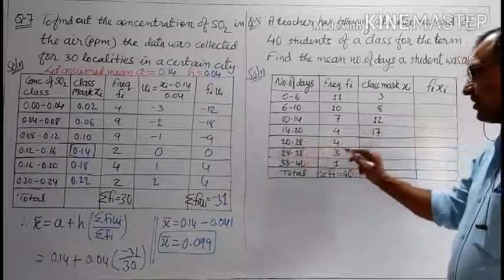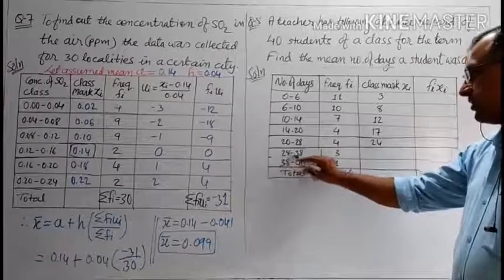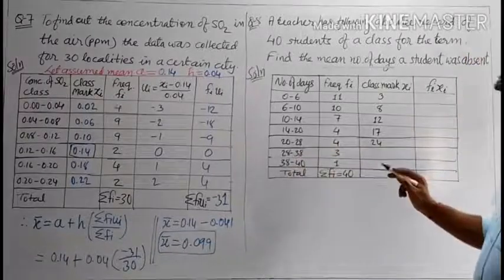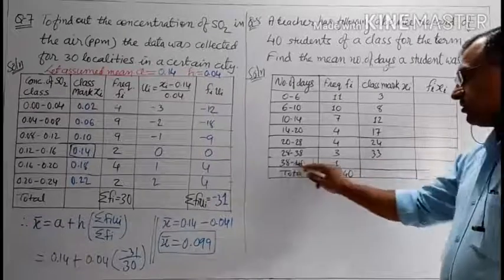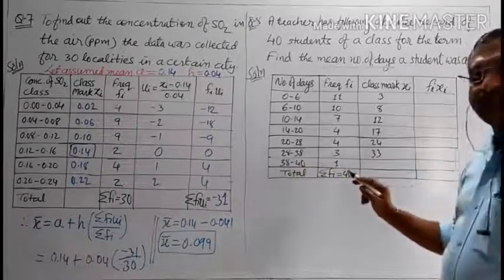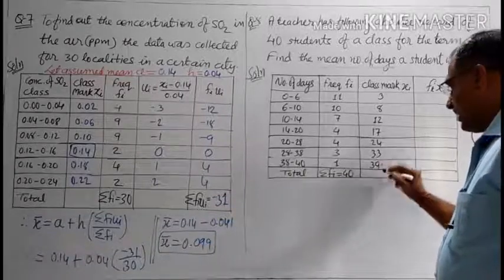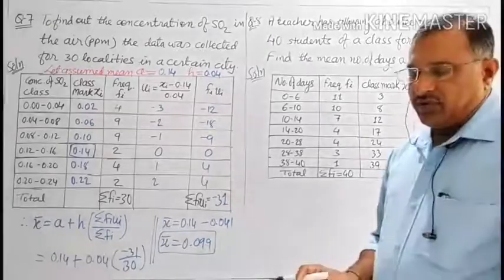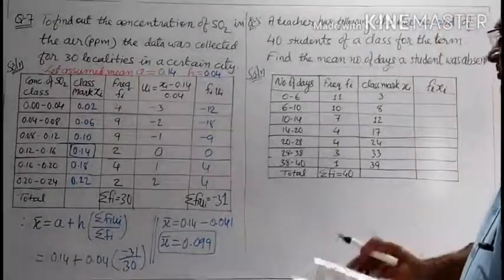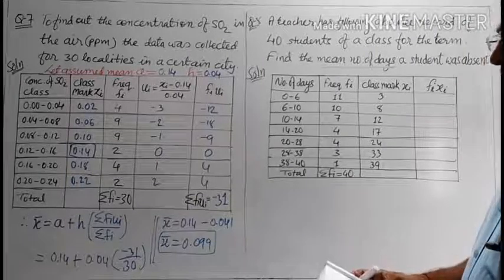And 20 plus 28, 48 divided by 2, that is 24. Then 28 plus 38, 66 divided by 2, that is 33. And 38 plus 40, that is 78 divided by 2, and that is 39. So here we got the central value or the class mark for each class.